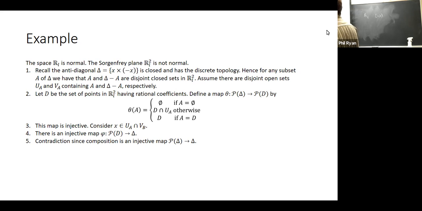So basically what we're going to do is use the fact that the anti-diagonal is homeomorphic to the real line with the discrete topology. That's going to screw things up for us.